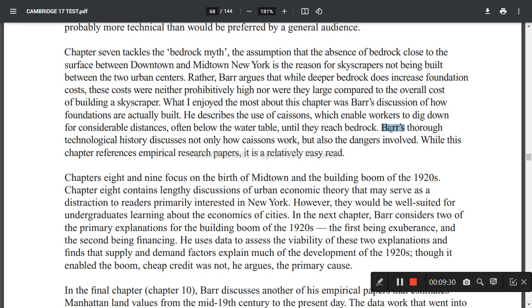Barr's thorough technological history discusses not only how caissons work, but also the dangers involved. While this chapter references empirical research papers, it is a relatively easy read.